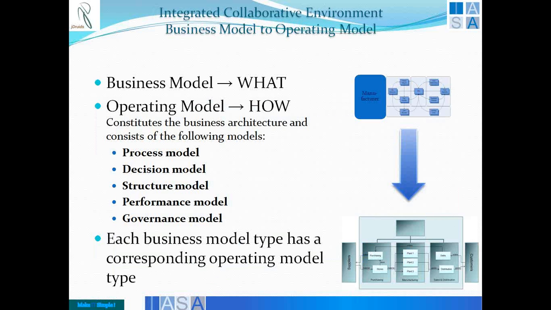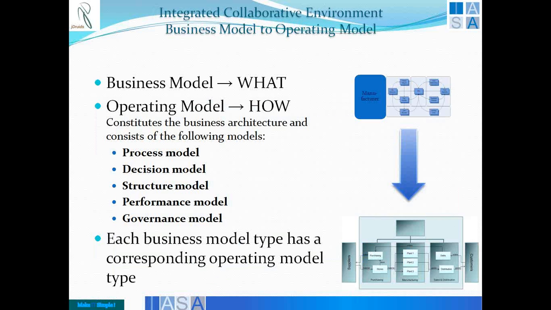You define processes, you put decisions, you structure the hierarchy, you qualitatively measure the performance, and you ensure that the whole thing is done. So there are different models for each of the process, decision, structure, performance, and governance. Each business model will have an operating model.